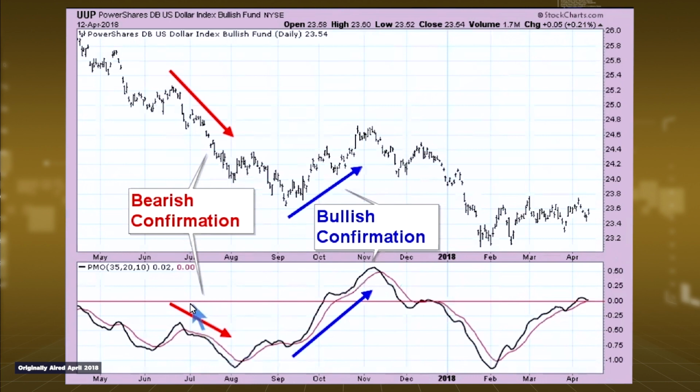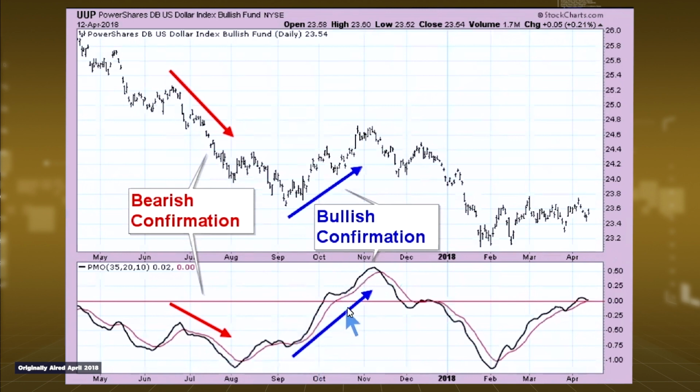So let's look at it here. We have a bearish confirmation. Momentum is being lost as you see these declining tops, but you have price tops also going in that direction. So you're losing momentum and you're losing price. It's basically confirming the fact you are in a negative trend. And it's similar for bullish confirmations.